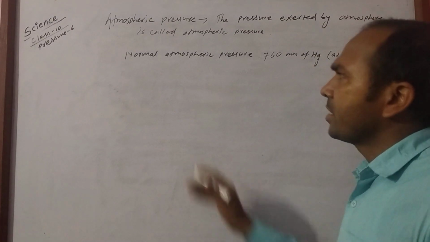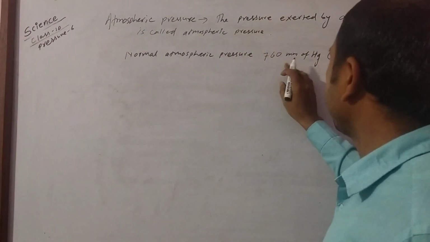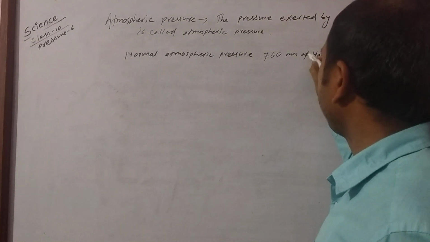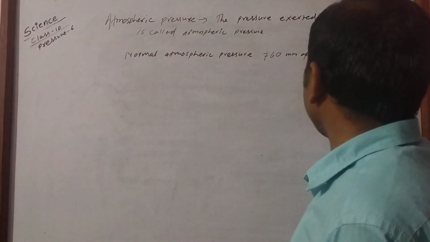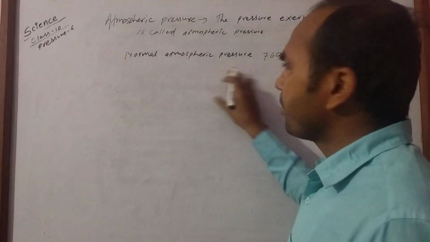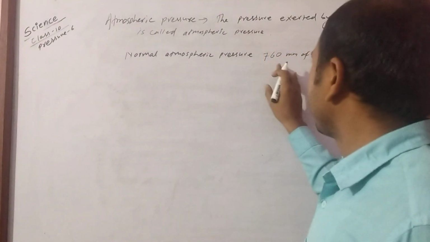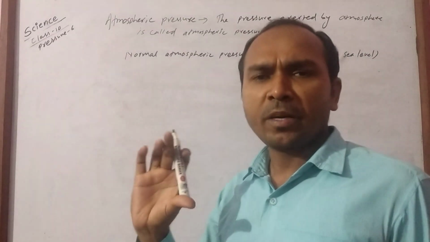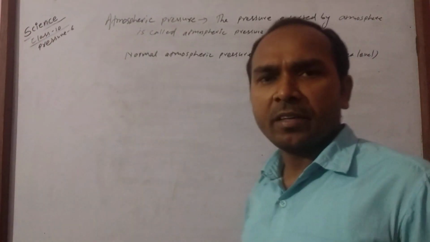Mm means millimeter and Hg means mercury. It means when we measure the atmospheric pressure, a 760 mm mercury column rises in the tube of the mercury barometer.